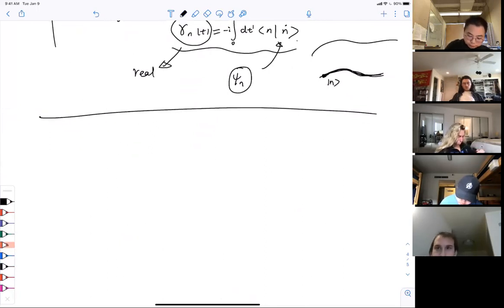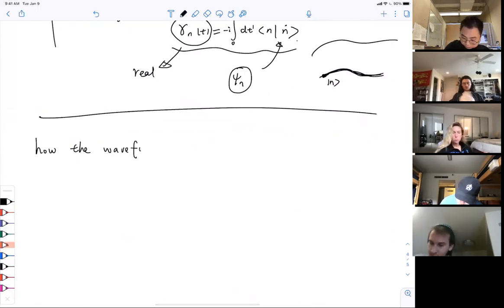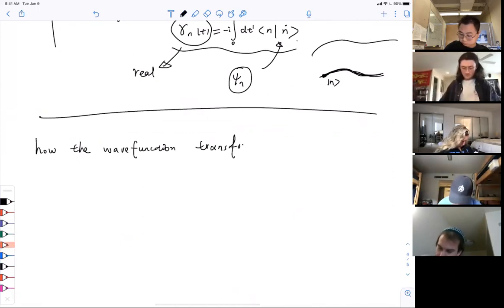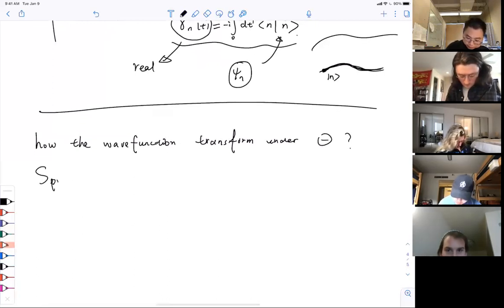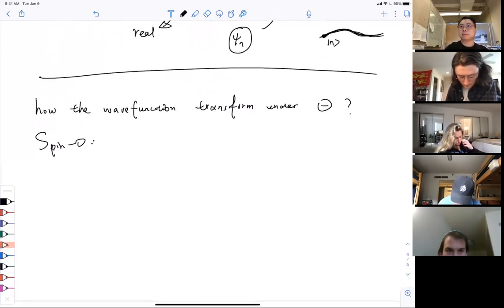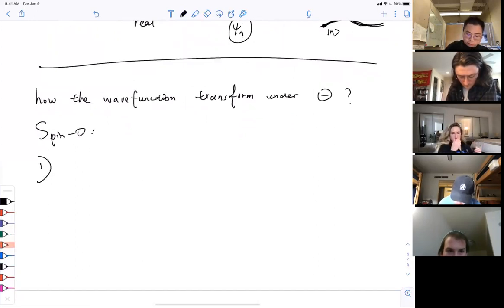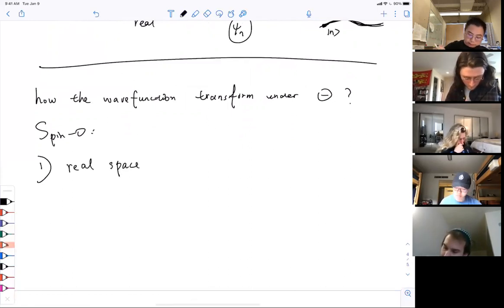Okay, so the next question is how the wave function transforms under the time reversal. Let's look at the spin 0 case, meaning that there's no spin degrees of freedom. There are two representations we usually use: one is in real space, another one is in momentum space.